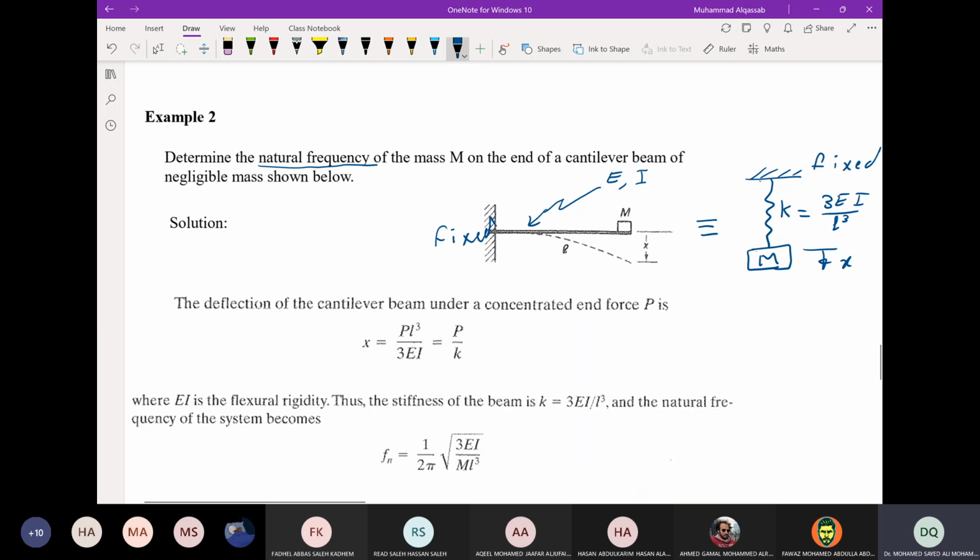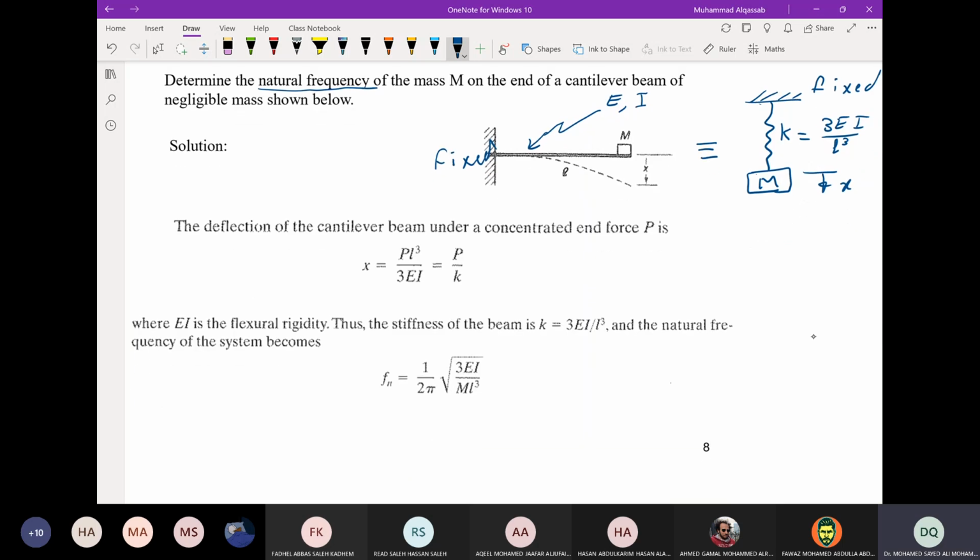Okay, so this is just giving us the stiffness for a cantilever beam. X equal to, this is the deflection under concentrated load, X equal to PL cubed over 3EI.